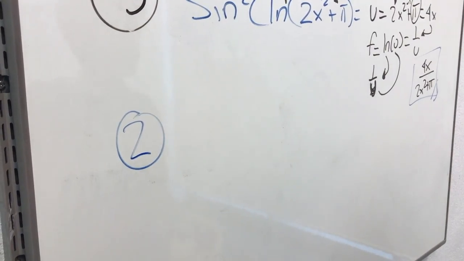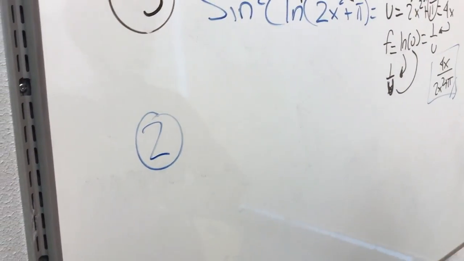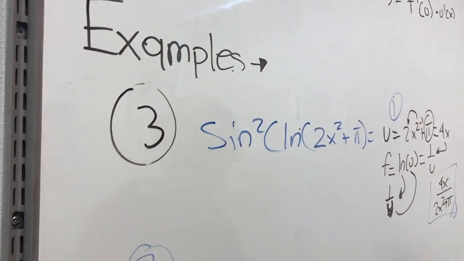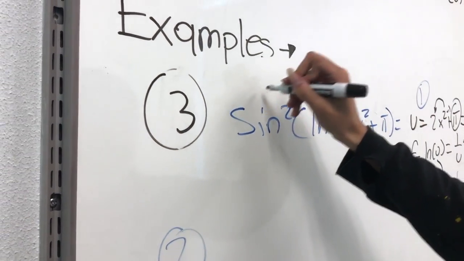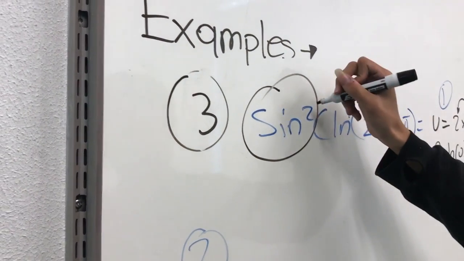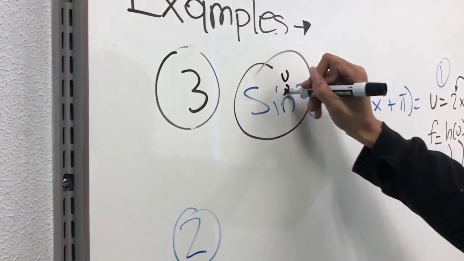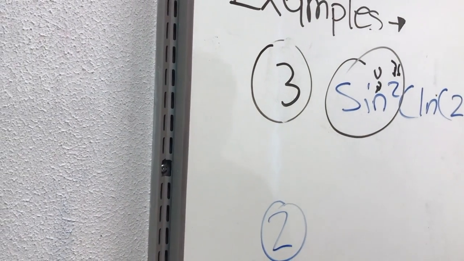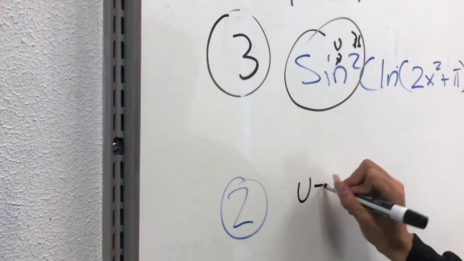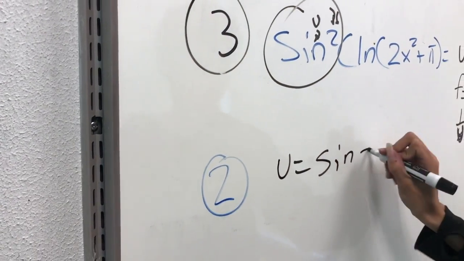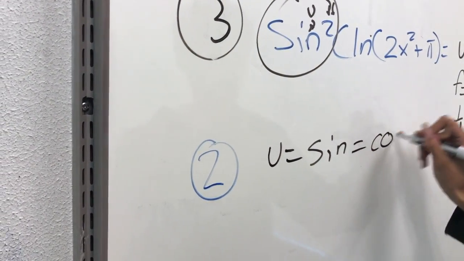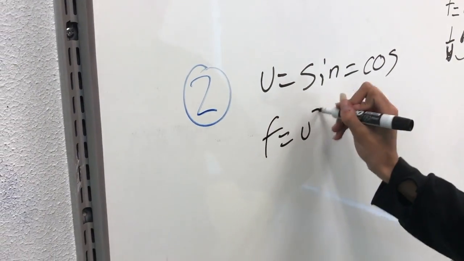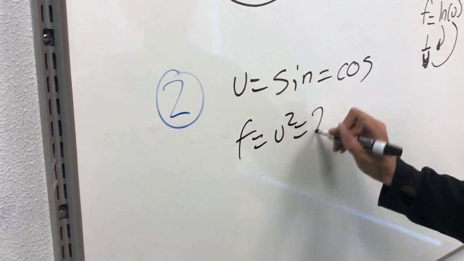For our second step, we're going to have to define again f and u. Here we had these ones, but now we have to get first the sine squared. For this, u would be our sine and f would be our square. We get that u equals sine, whose derivative is cosine, and f would be u squared, whose derivative is 2u.